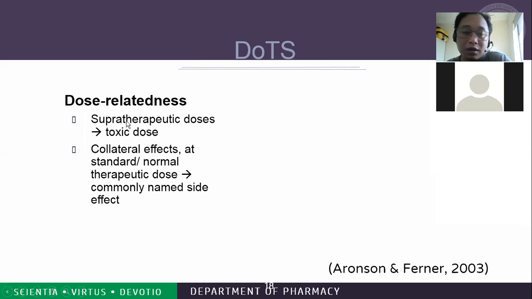For dose relatedness, there are three classifications. The first is the supratherapeutic doses, so it is a toxic dose.